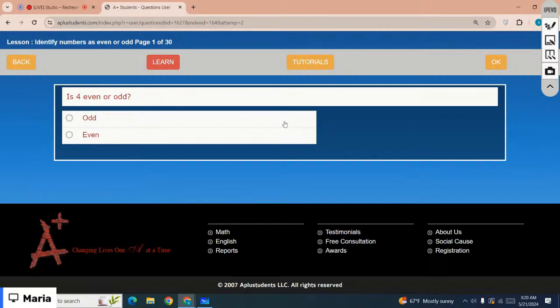Is 4 an even or odd number, which is the correct option? 4 is an even number. The correct option is even. 4 is an even number.